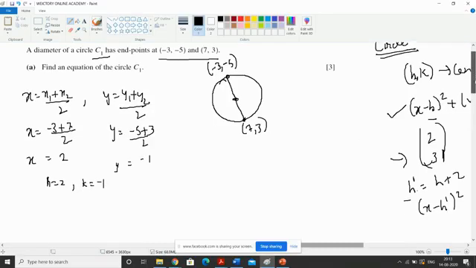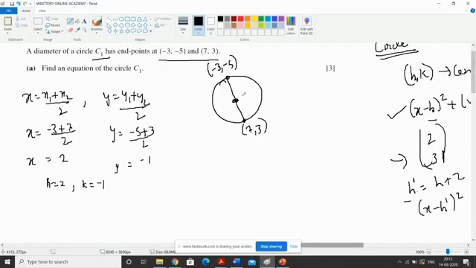And how will we find out the radius now? So if we know the center 2 comma minus 1, the radius will be the distance between them. So you will use the distance formula to find out the radius. So radius is the square root of 7 minus 2 whole square plus 3 minus of minus 1 whole square.